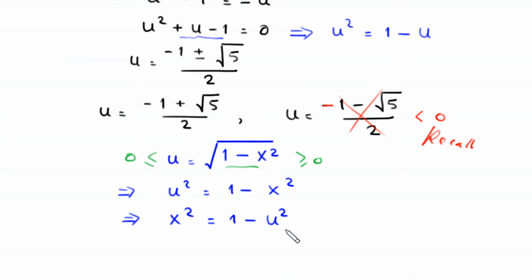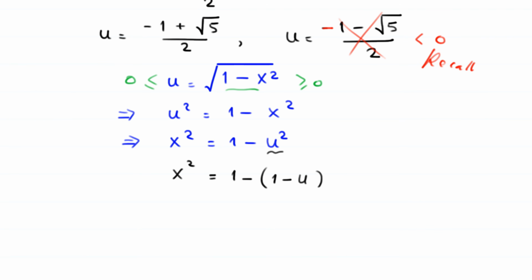So in this equation we replace this u squared with this 1 minus u. Then this will become x squared equal to 1 minus u. Further simplify, this will become x squared equal to 1 minus 1 plus u, and this cancelled out and we are left with x squared equal to u.